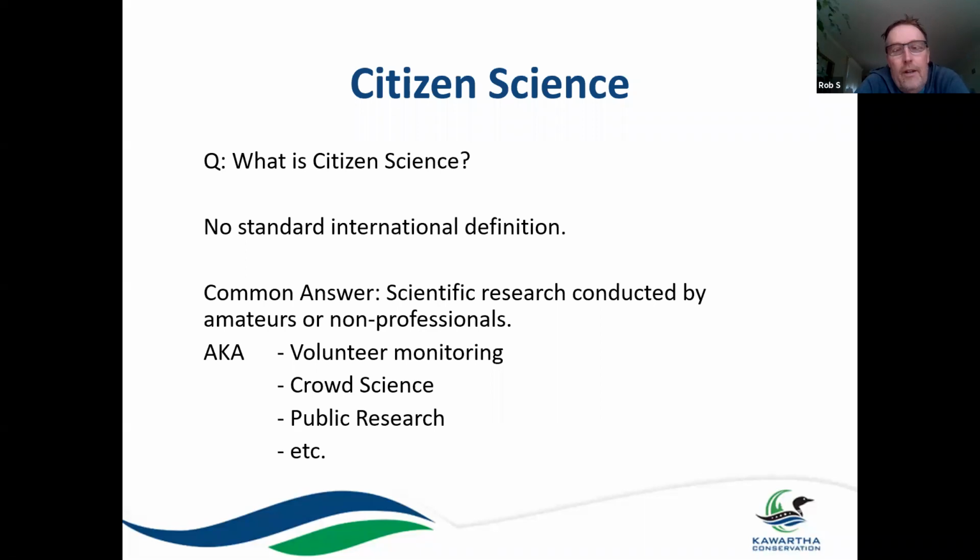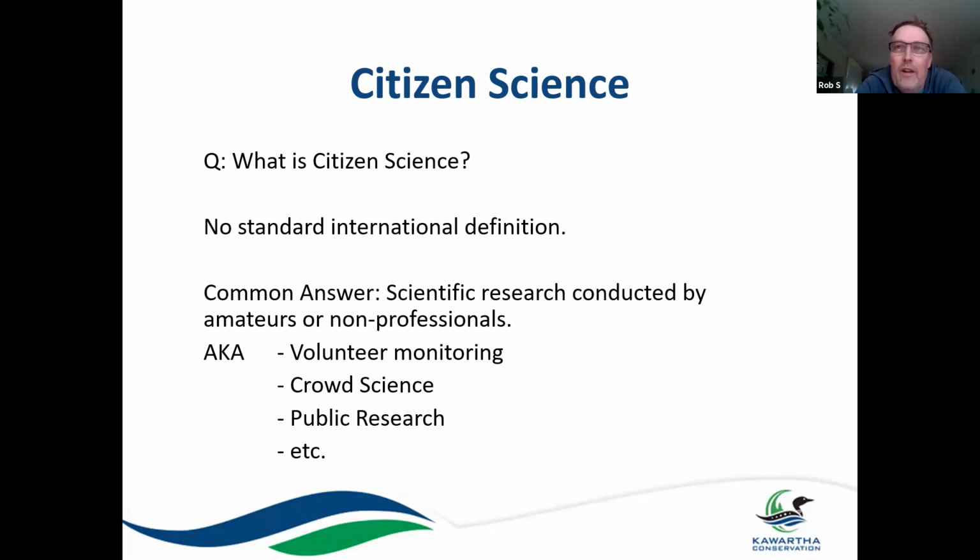So I did a little bit of research and I was looking for a specific definition for citizen science. And what I came up with was that there is no standard international definition for citizen science. The common answer that's out there is it's scientific research conducted by amateurs or non-professionals, but I don't necessarily think that's exactly accurate because I know there's a lot of scientists who are engaged in citizen science projects as well as their own projects.